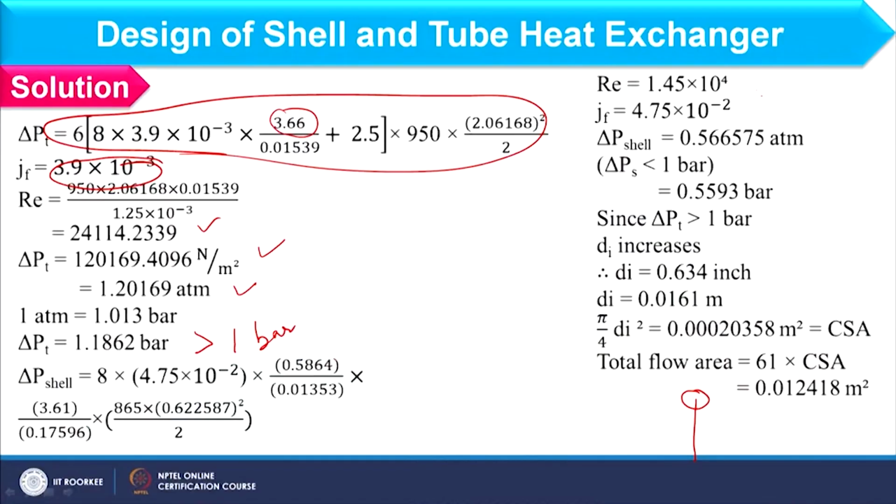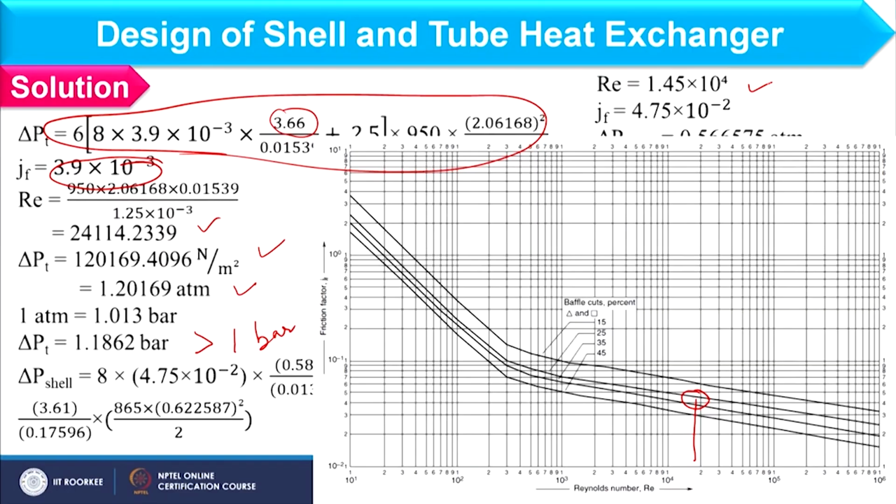If I consider the Reynolds number in shell side, that is 1.45 × 10^4, we can use this graph. I have the value 1.45 somewhere here, and we have considered 25% as baffle cut. The value you can obtain from here, and that value will come as 4.75 × 10^-2.